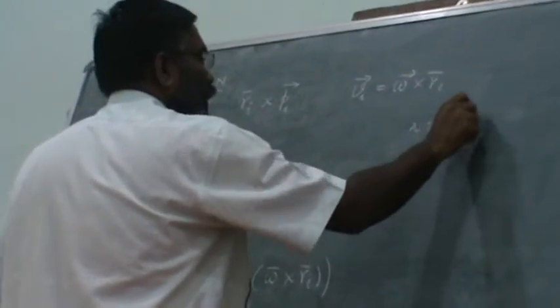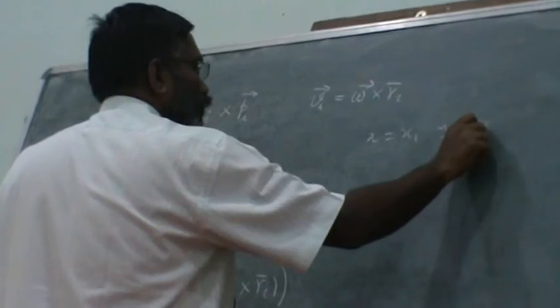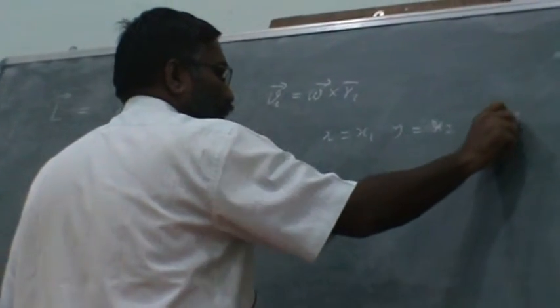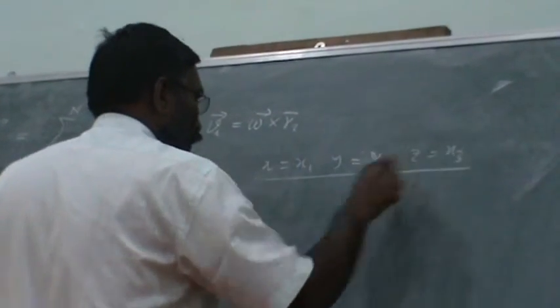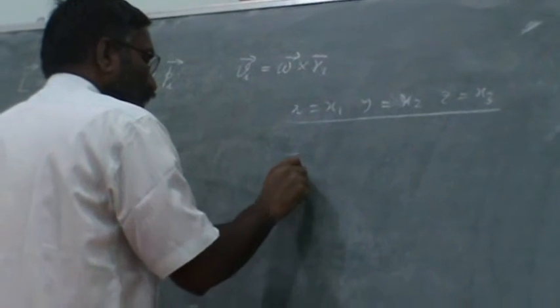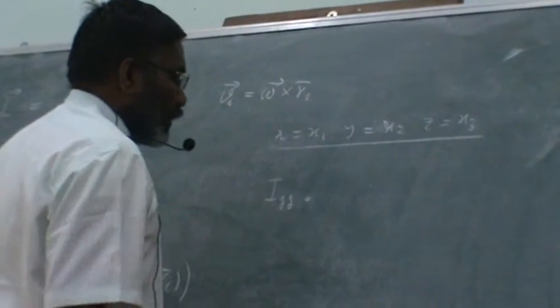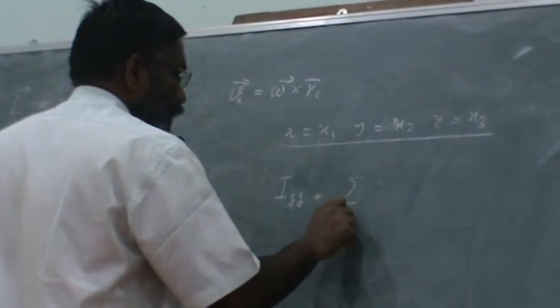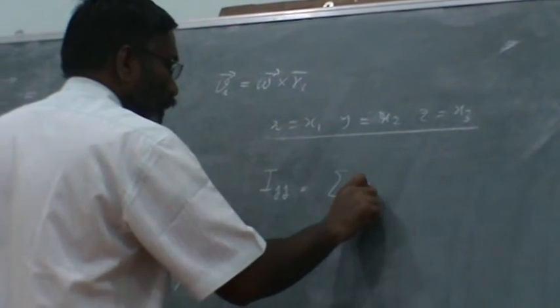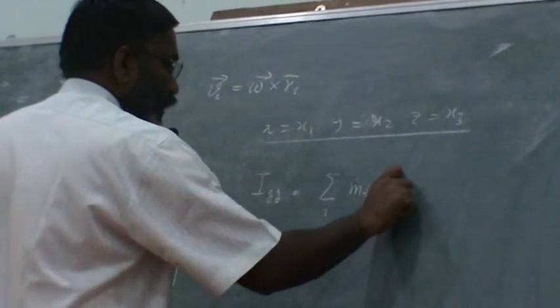And if I write x as x1, y as x2, and z as x3, then I have Ijj will be the sum over i of mi into x.